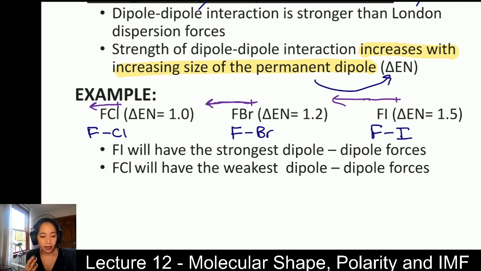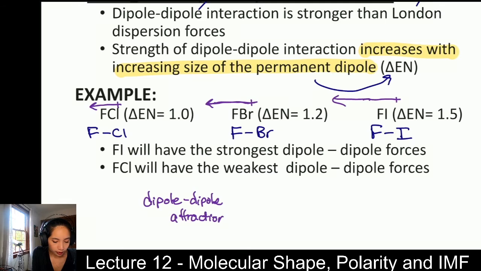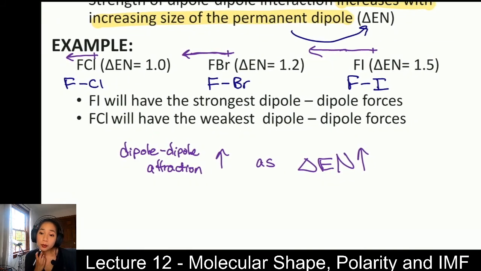So that's the trend that you will see as your dipole-dipole interaction or attraction increases as your electronegativity difference increases. So if we had to predict boiling points here, fluorine monoiodide would have the highest boiling point, while fluorine monochloride would have the lowest boiling point.